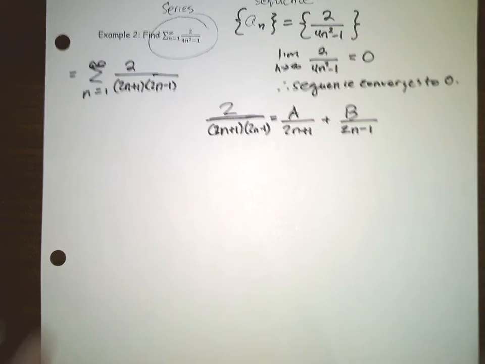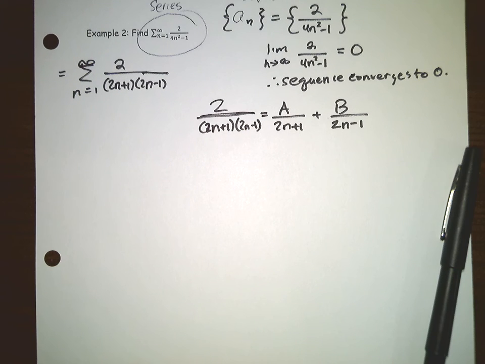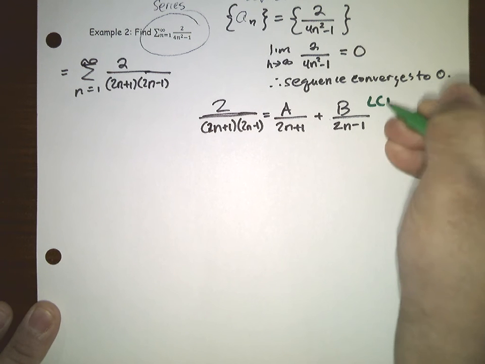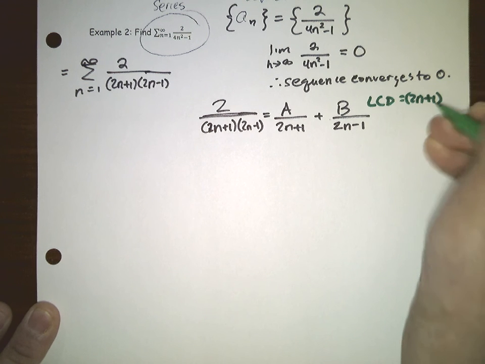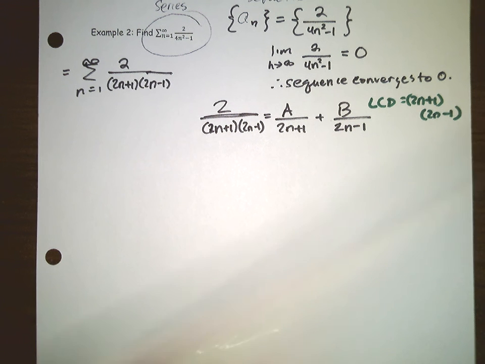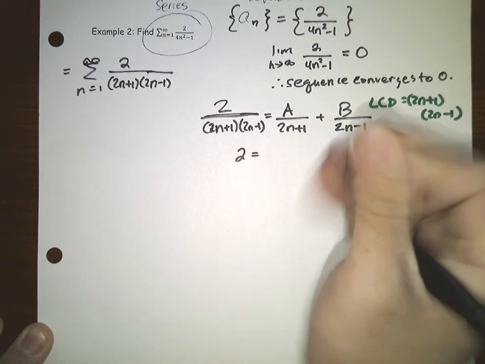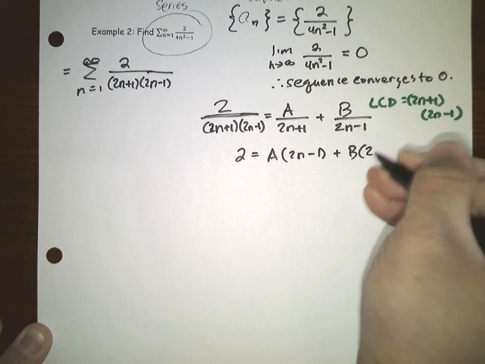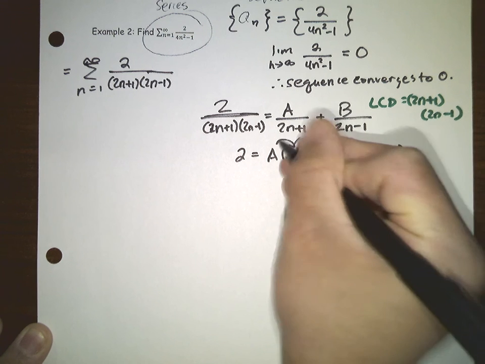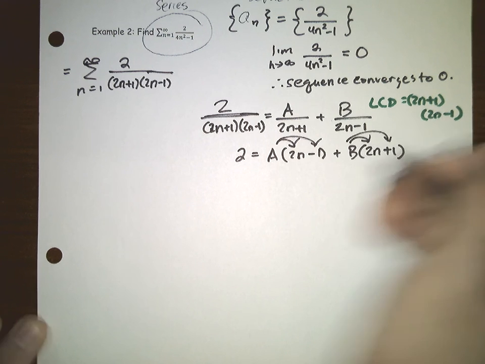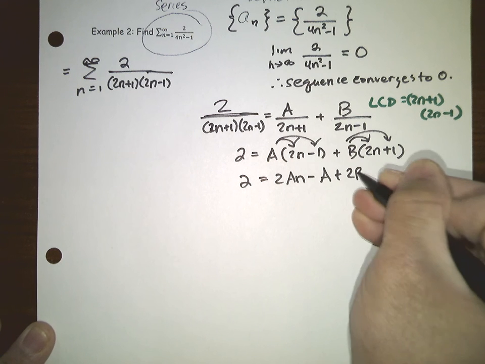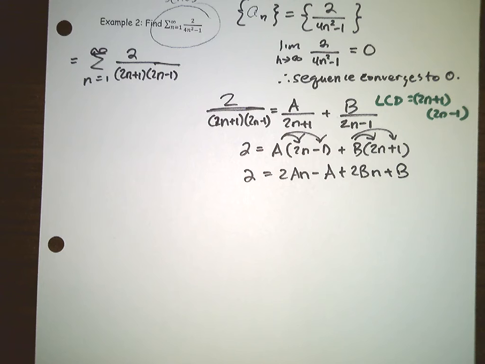What will I get when I use the LCD? The LCD is 2n plus 1 times 2n minus 1. Multiplying through gives 2 is equal to A times 2n minus 1 plus B times 2n plus 1. Distributing, I have 2 is 2An minus A plus 2Bn plus B.